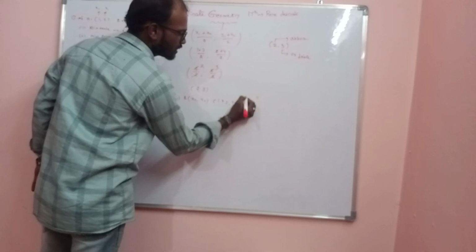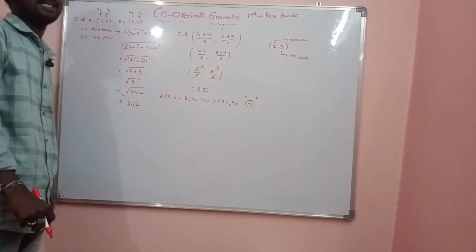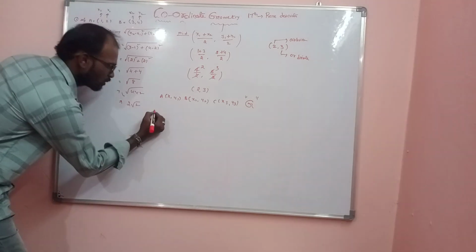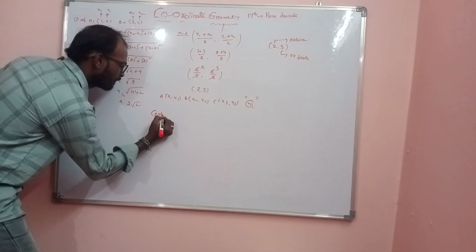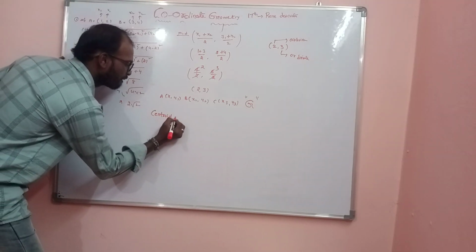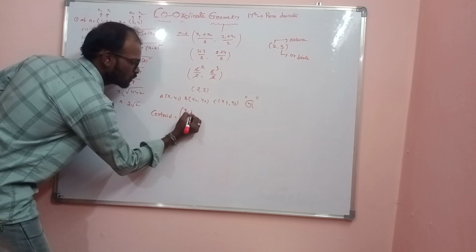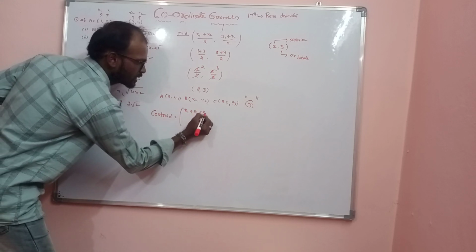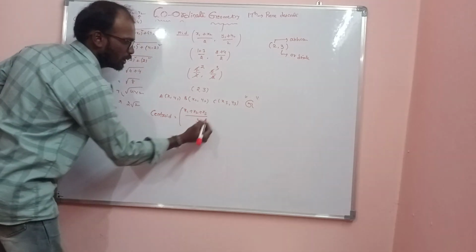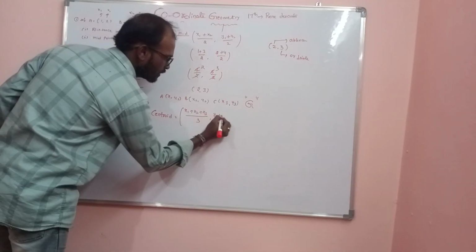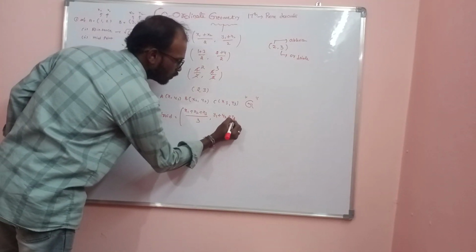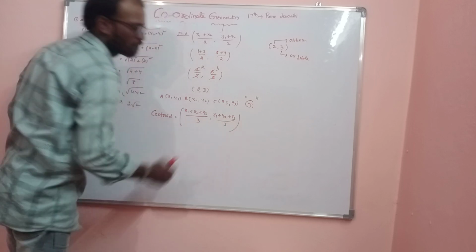Centroid we can represent with the letter G. Then centroid formula is (x1 plus x2 plus x3) by 3, (y1 plus y2 plus y3) by 3.